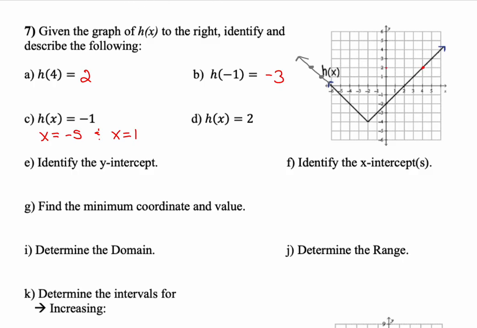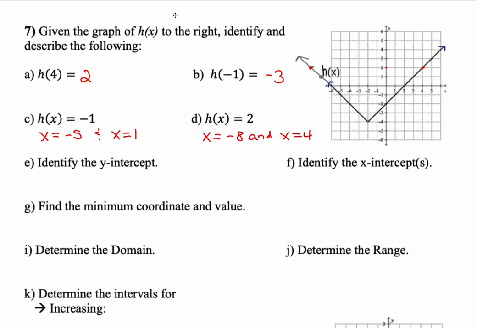Now we see that the y value of 2 was at 4, 2, and also at -8, 2. So we have two answers. X is equal to -8 and x is equal to 4. We do have to be careful just because we didn't automatically see it crossing on the left-hand side. This graph had an arrow, which means that it extends indefinitely.